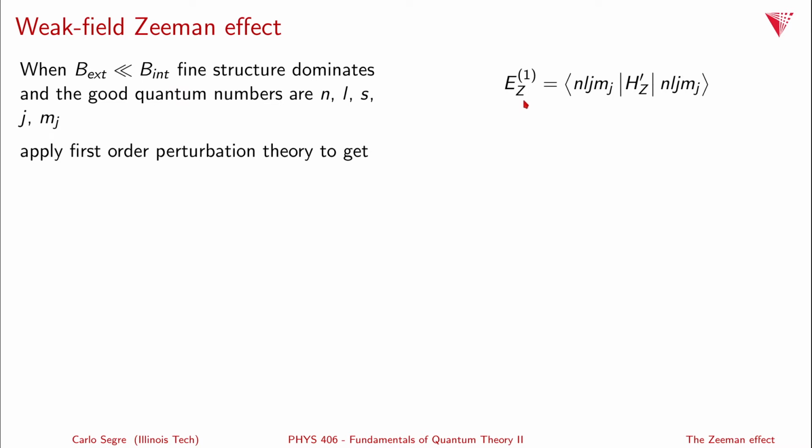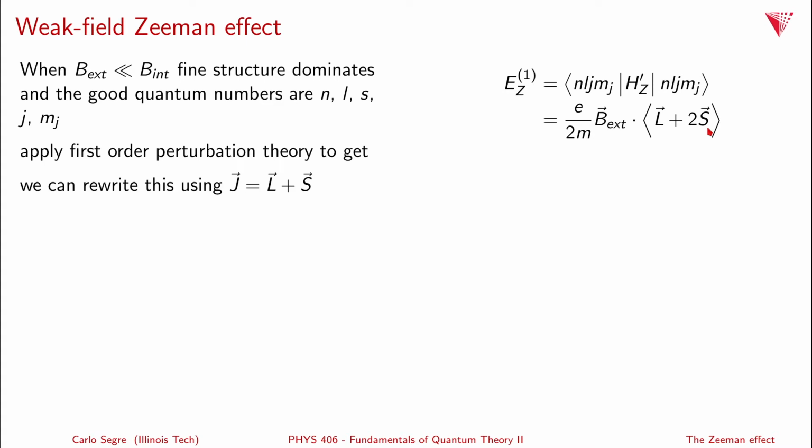So the first order correction to the energy, E sub z1, is equal to this inner product: n L j m sub j, H prime z, n L j m sub j. So it's the diagonal elements. Well, if I substitute in what H prime z is, I get e over 2m, B external, dotted into the expectation value of L plus 2S.